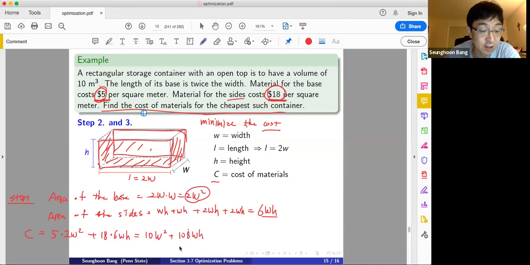Step 5 is to express the cost function as a function of one variable.